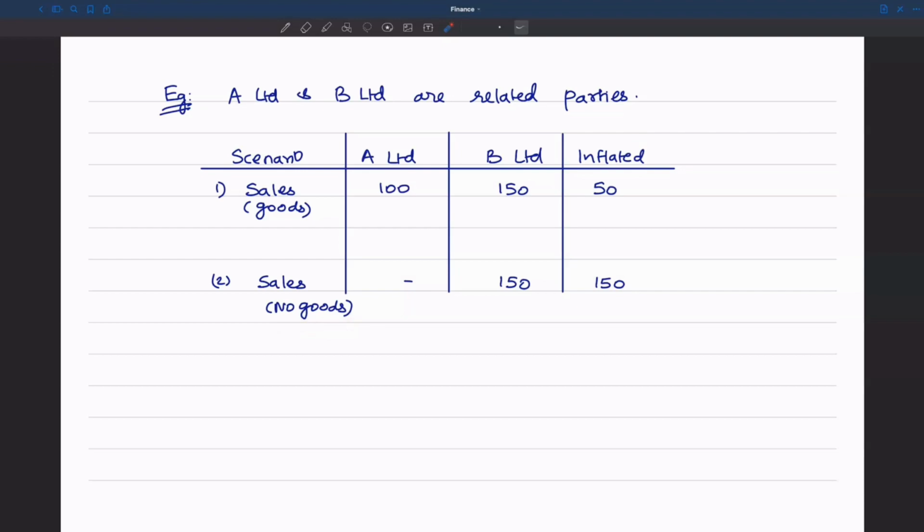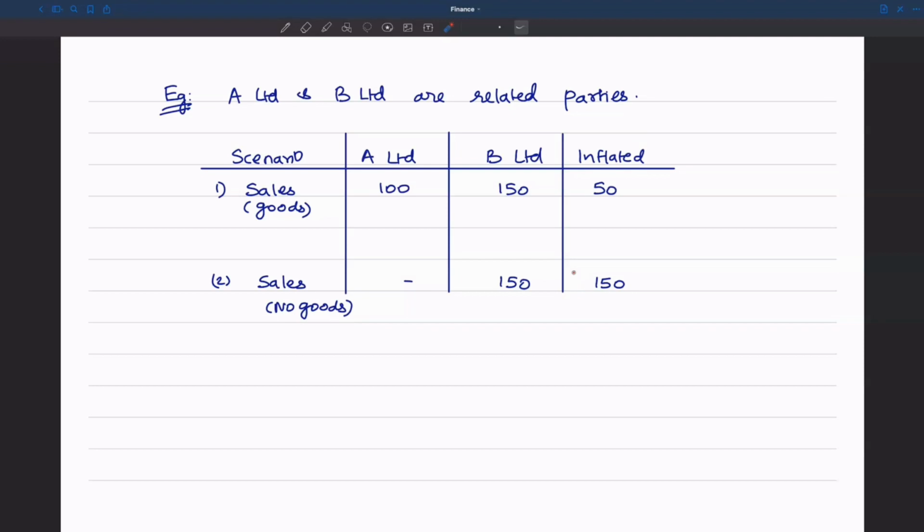They are raising it, and it is still receivable only. And what will this A Limited do? It will present the 150 million invoice in trade receivables, and it will ask for funds from the bank, cash credit. No economic transaction. This is a 100% inflated invoice. Artificially created invoice. So these kinds of possibilities could also happen.